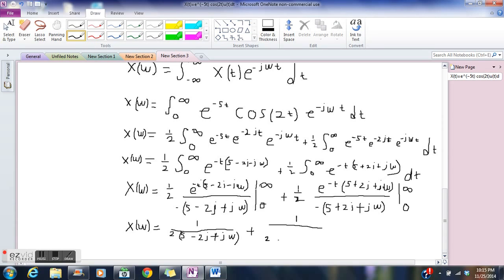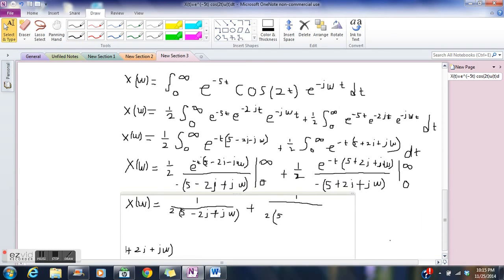Since it's still minus on the outside, the minus on the bottom cancels, and that's why they're positive. So then you got 1 over 2 times 5 minus 2j plus j omega. And for the other integration, you have 1 over the same thing, except the 2 is positive. So that's the end value for working it out the integration way.